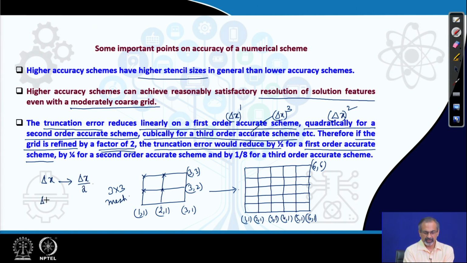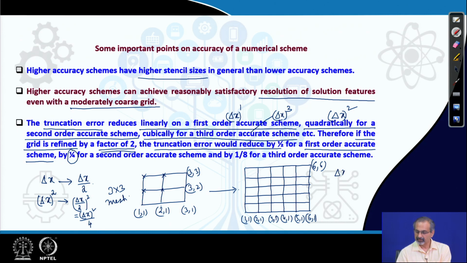For a second order accurate scheme, the truncation error earlier varied as delta x square. So, that has become delta x by 2 square, which is what? Delta x square by 4, and that is why it is reducing by a factor of 1/4.